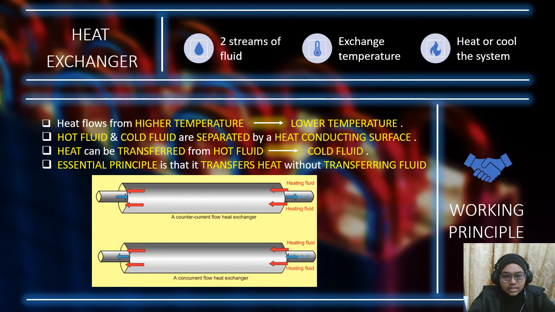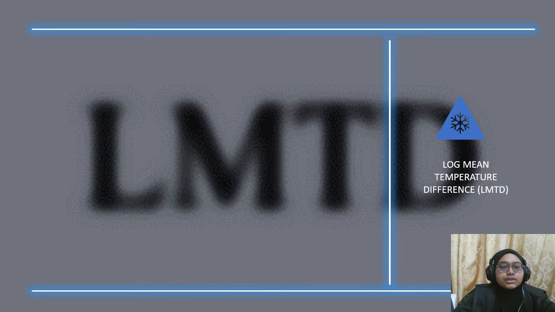Countercurrent flow has the two streams of fluid moving in opposite directions, while parallel flow shows the two streams of fluid flowing in the same direction. Now I'm going to explain the log mean temperature difference, or LMTD.